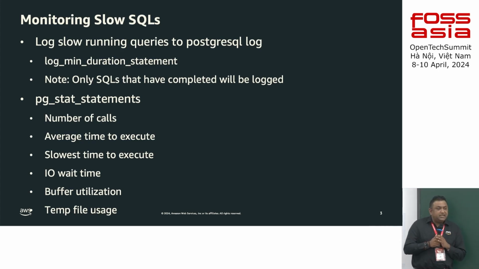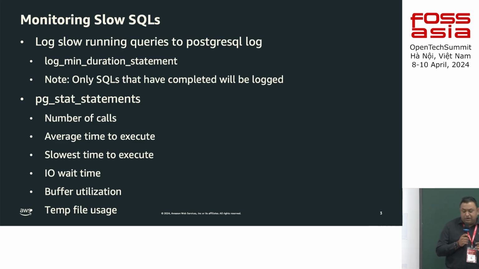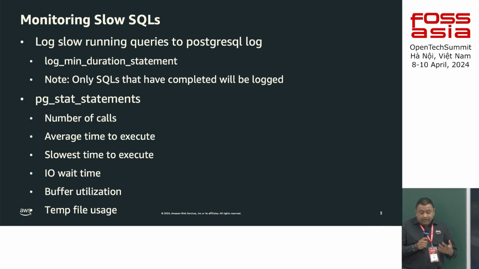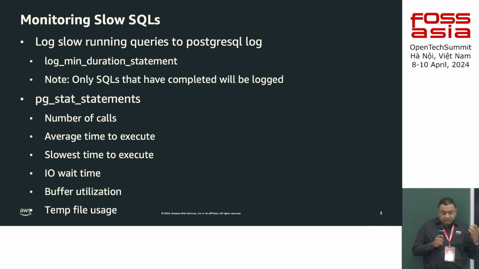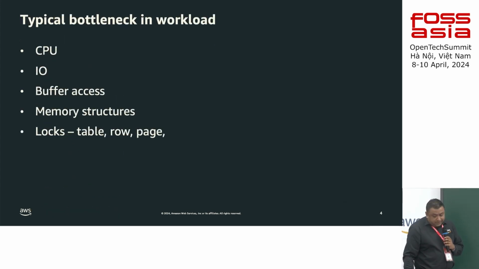The pg_stat_statements extension also provides other useful information, like your buffer hits, your disk file writes that are occurring, your temporary file usage, and on top of that, the number of CPU waits that we'll see here as well.